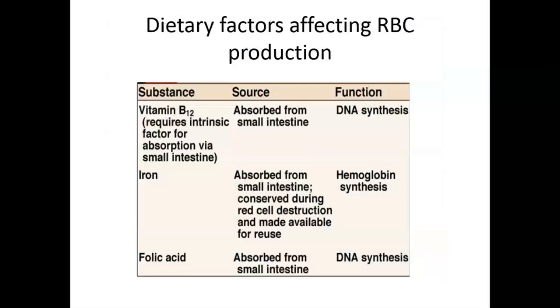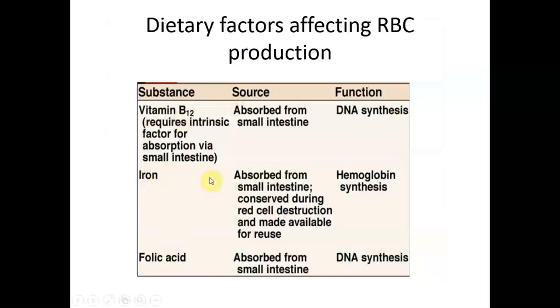As we said previously, dietary factors are also very important regulators, because if you want to synthesize, you need material to build new red blood cells. So we have certain factors that are essential for the production of red blood cells. The most important three are vitamin B12, folic acid and iron.